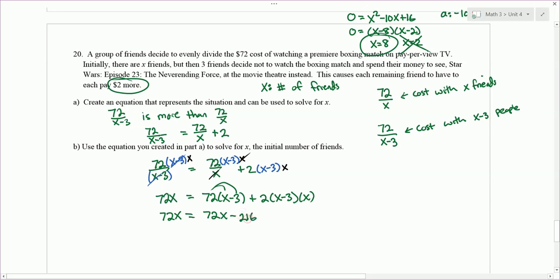It should be 216. And then 2 times x minus 3 is going to be 2x minus 6. I still need to multiply it by x.